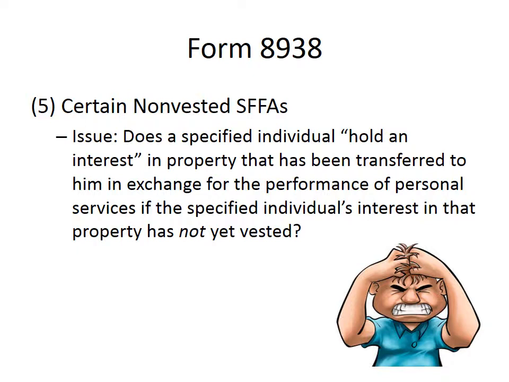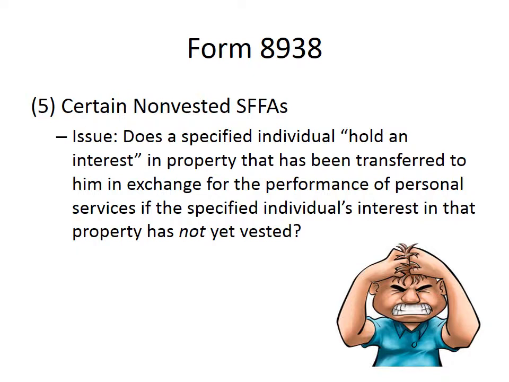Now, by property, we're not necessarily confined to real estate or anything that narrow. Property could be cash, it could be notes. It's given a very broad definition under the Internal Revenue Manual.